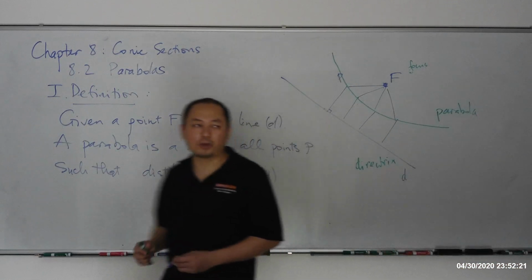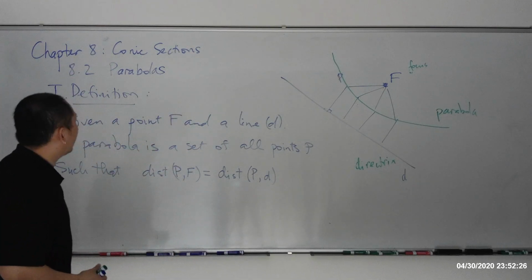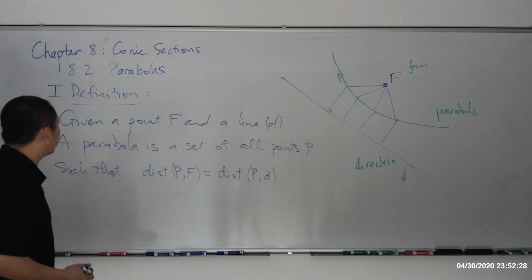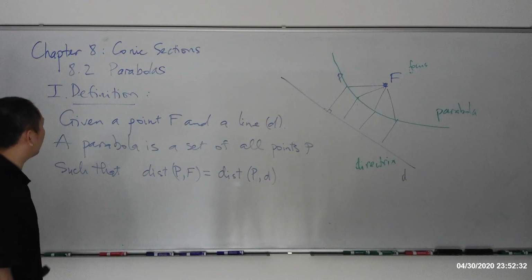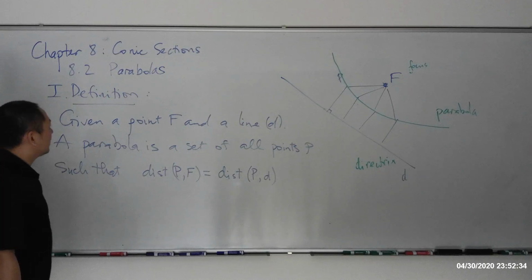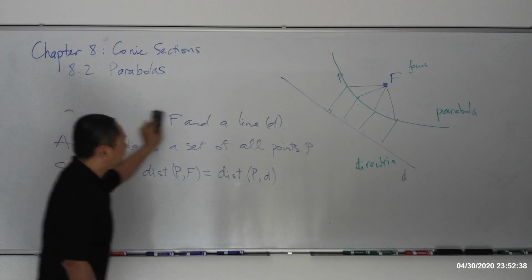Okay? So before I move on to show you some equations to work with mathematically, I'm going to talk about some uses of parabolas and some cool properties of it. Alright, so let me erase that part.